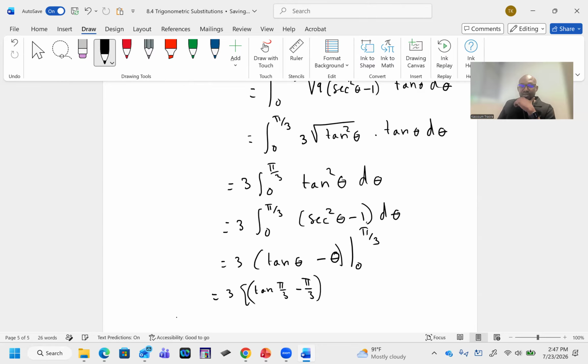And then you will substitute 0. Tangent of 0 is 0. If you substitute 0 for theta, that also will be 0. So minus 0. Tangent of pi over 3 is what? Square root of 3, minus pi over 3.